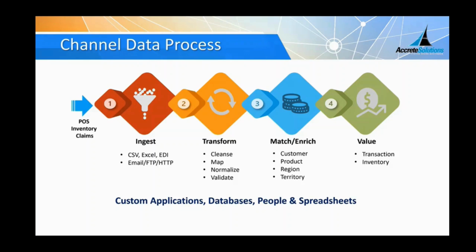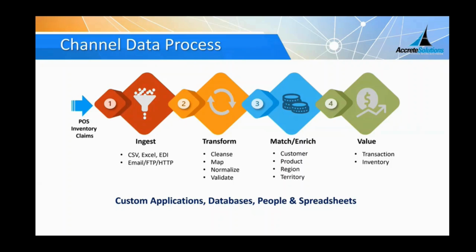The third stage, conceptually, is what's called the matching and enriching stage. This is where, for example, you have point of sales data, which is your channel partner sales data, with bill to customers, ship to customers, and products all on the record.